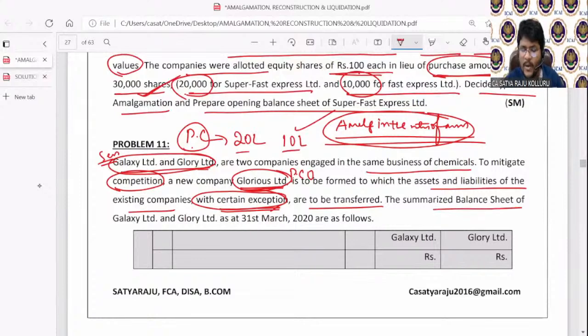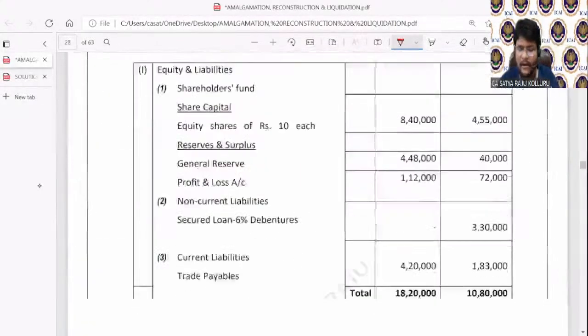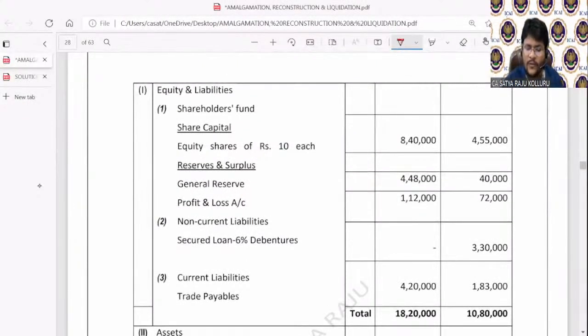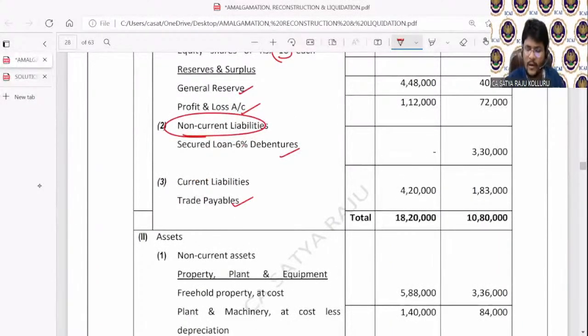The summarized balance sheet of Galaxy and Glory Limited as at 31st March 2020 is as follows. Under shareholders' funds, equity share capital of 10 rupees each face value is given. Only equity shares are there. General reserve and profit and loss account are given. Under non-current liabilities, 6% debentures are there in only one selling company. Trade payables are also given.